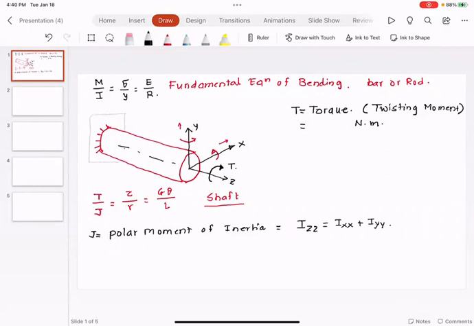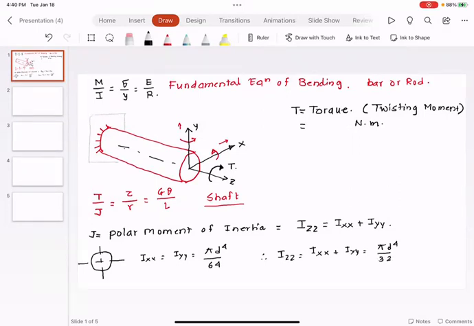For example, if you have a circular cross section, IXX is equal to IYY is equal to pi d raised to 4 by 64, and IZZ is equal to IXX plus IYY, and that's going to give you pi d raised to 4 by 32.